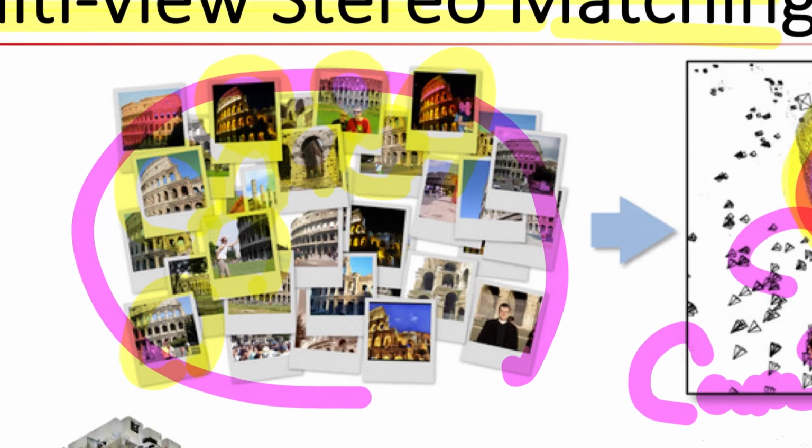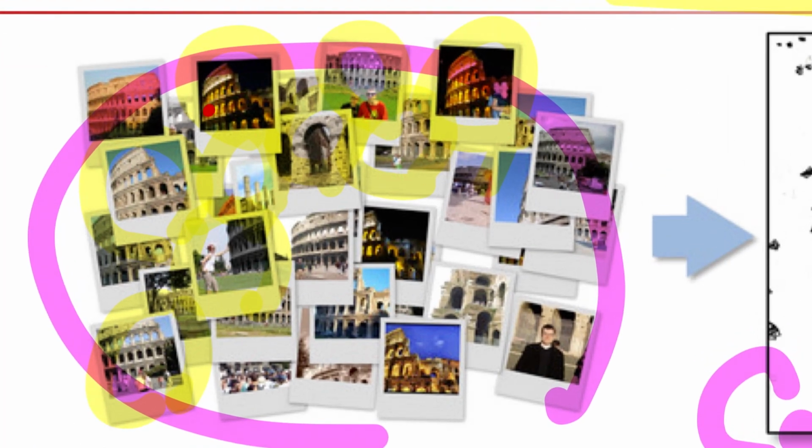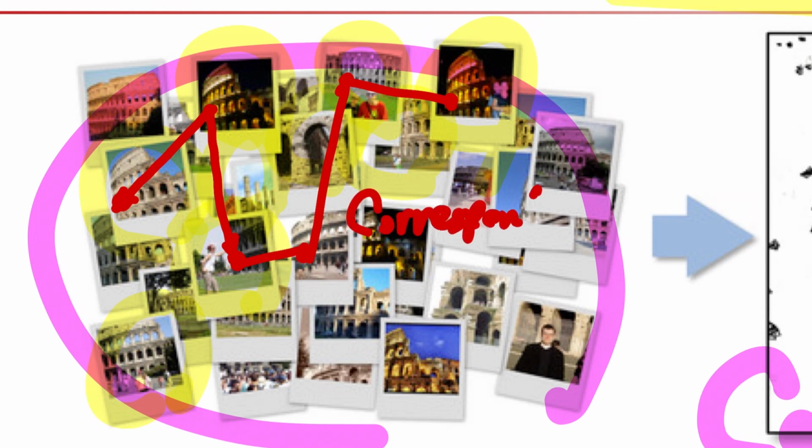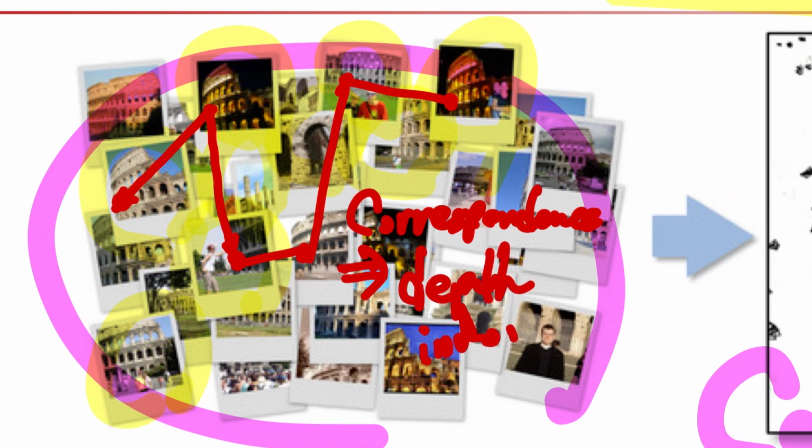As you can see here, we can just find the correspondence between images, something like this, something like this, something like this. This is the correspondence. And then by using this correspondence information, we can estimate the depth information. Right?